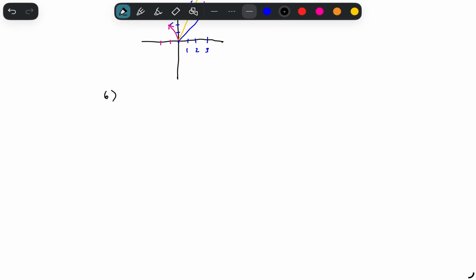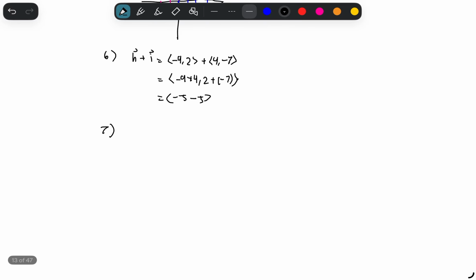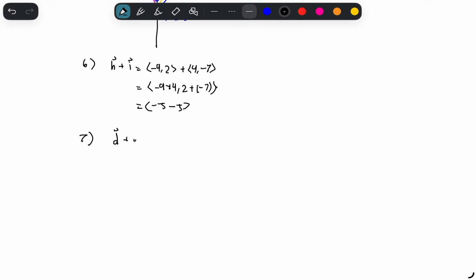So for our next question, let's say we have h plus i sum. This would be a negative 9, 2, and a 4, negative 7. We're going to have negative 9 plus 4, 2 plus negative 7: negative 5, negative 5. What if we want to get d plus e?